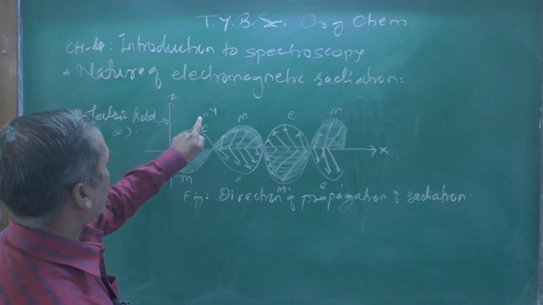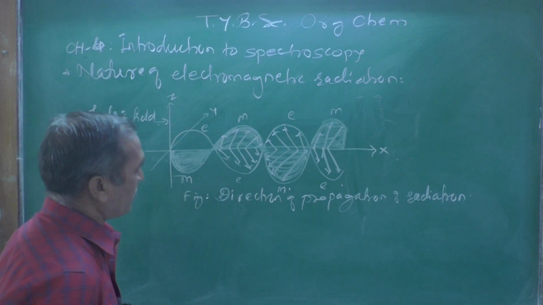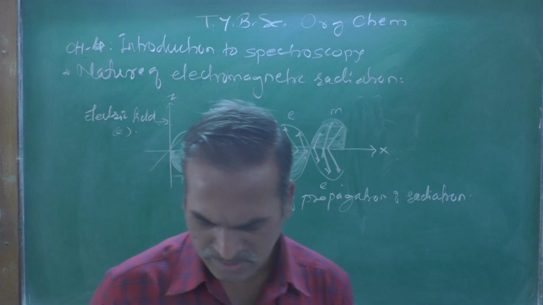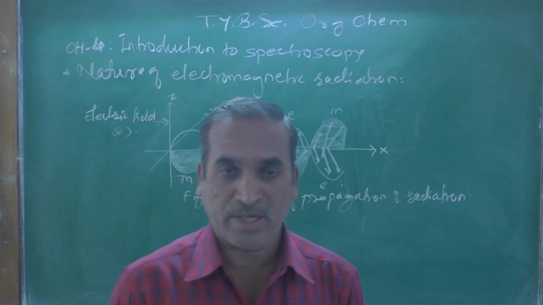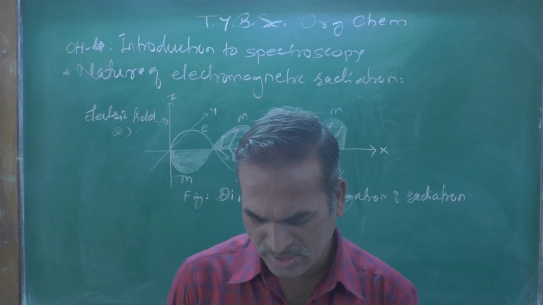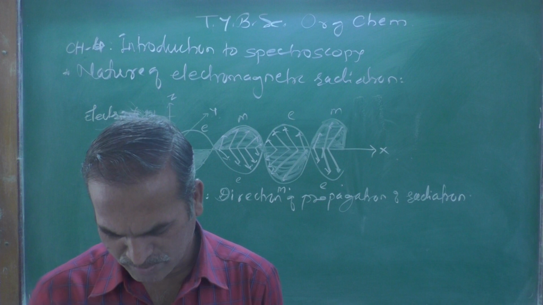Electric field and magnetic field, Z and Y axis represent the direction of electric and magnetic field respectively.